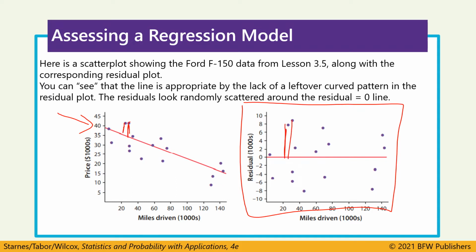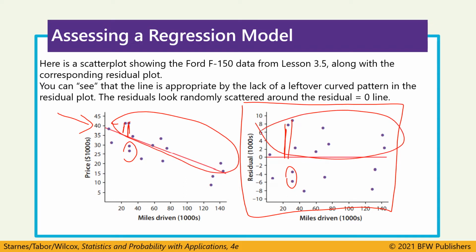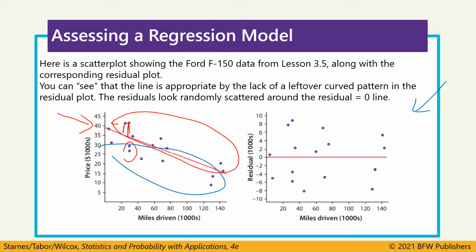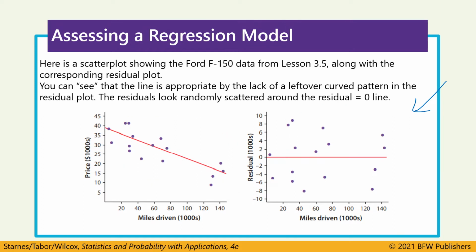The ones underneath are the negative ones. We want pretty much an equal spread of points above the line of best fit and points below it. So when we see a residual plot that looks just scattered, not linear, not curved, with no patterns whatsoever, that's what we want in a residual plot.